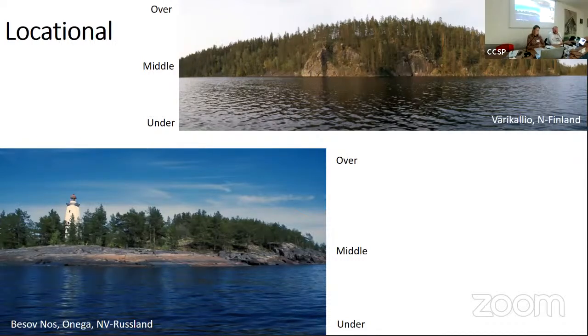The top one is from a cliff with rock paintings in northern Finland, and the bottom one is from prehistoric northwestern Russia, where you can see, at the cosmological or landscape level, that this is related to the location on the shore, where you have the overworld, the middle world, and the underworld in cosmology, and thereby the rock art is situated in this liminal area in the shore zone, which seems to be a high factor in the Stone Age rock art of northern Fennoscandia.